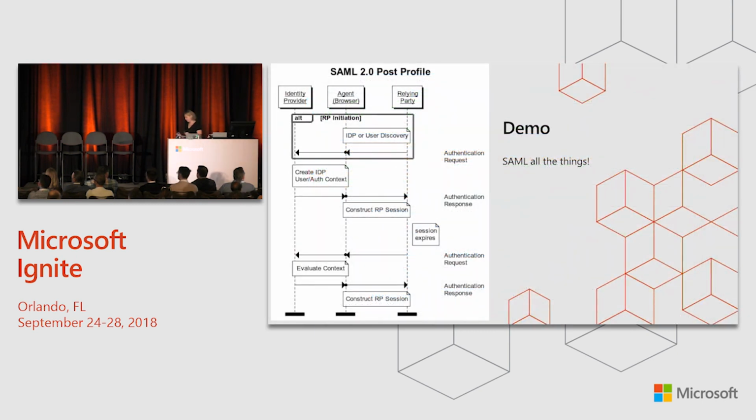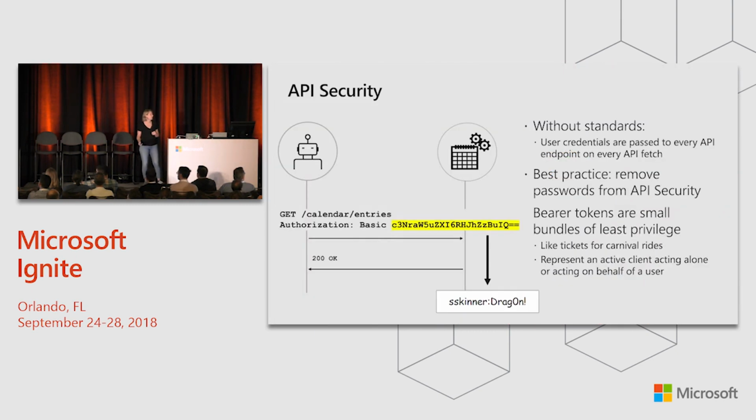Heading back into protocol land, there is another paradigm whereby external cloud resources rely on identity information or other data, and those are RESTful APIs. So this is an example of what happens today for any platform that's not using standards to protect their APIs. What you can see here is that this standard is something called BASIC, basic authentication.